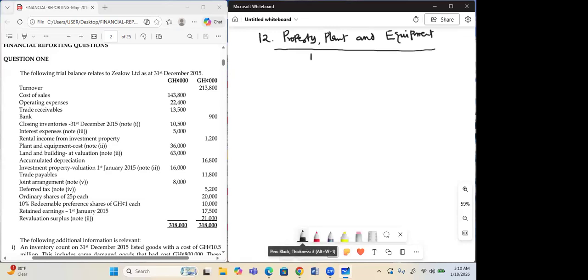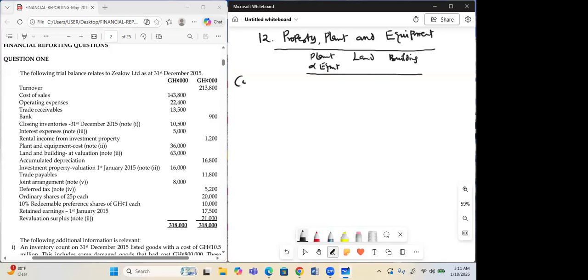Plant and equipment. What's the next asset? Building. So land, separate the land from the building, is that clear? Then what else do we have? That is all, right?